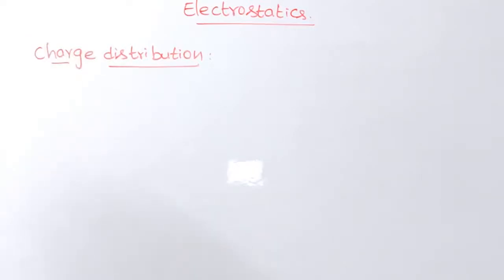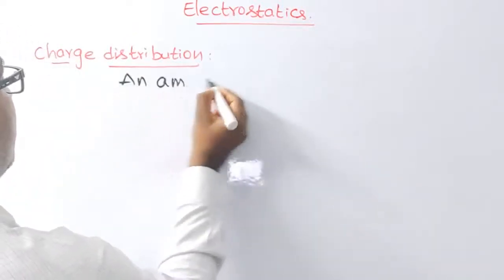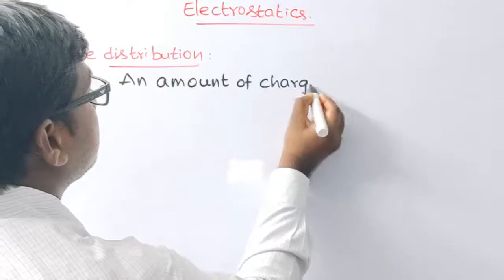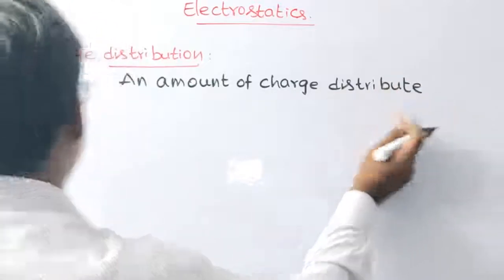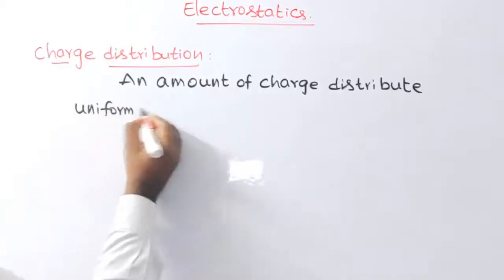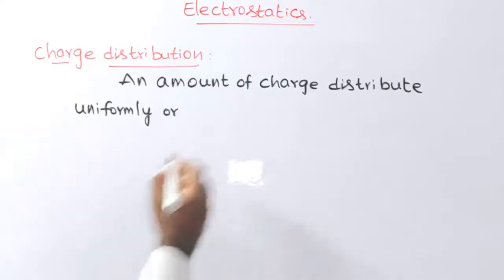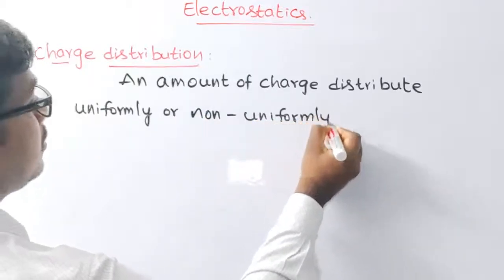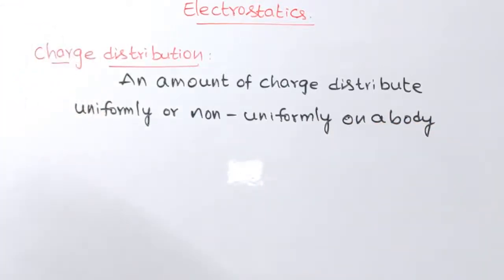An amount of charge distributed uniformly or non-uniformly on a body, that is isolated conductors.